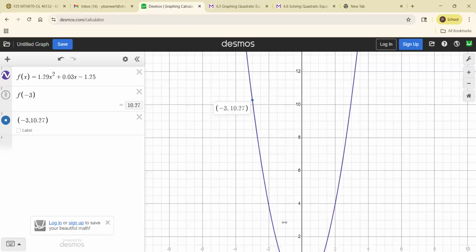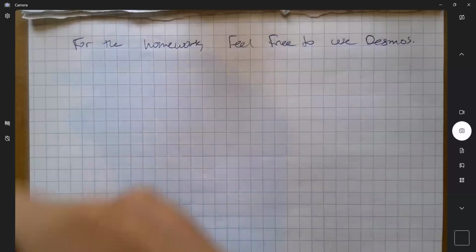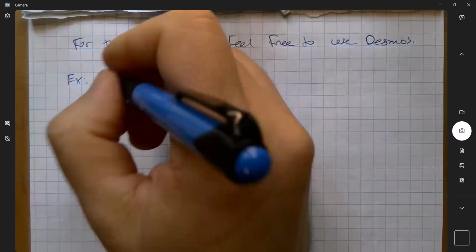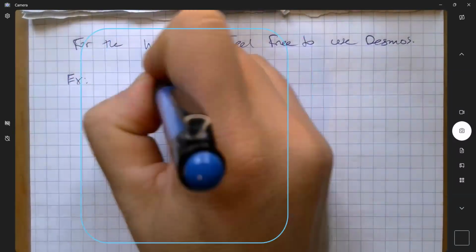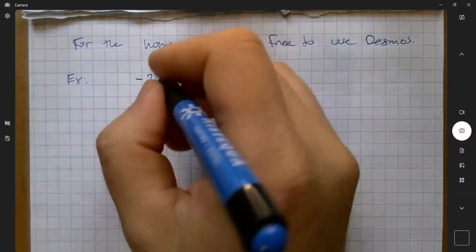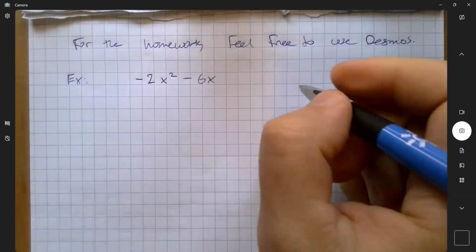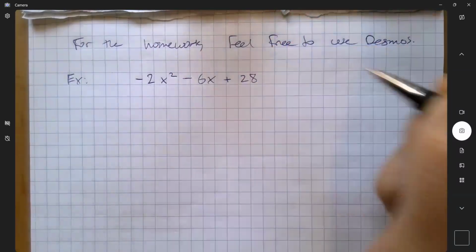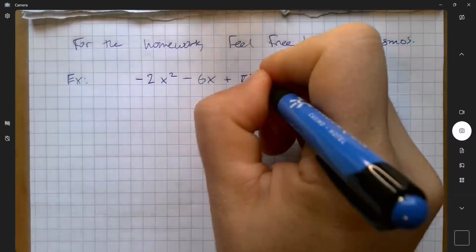Okay, let's go back to examples. Let's do -2x² minus 6x plus 56.